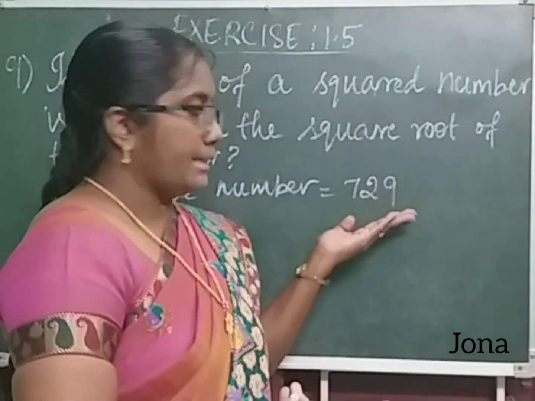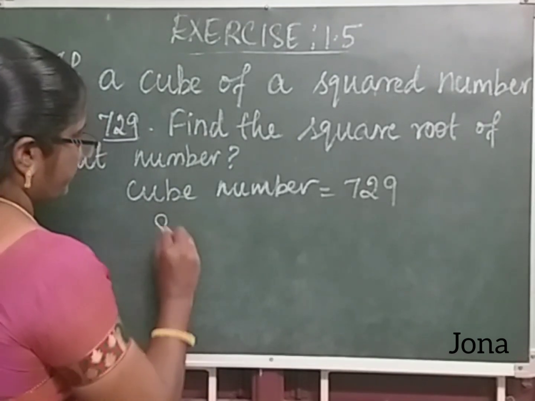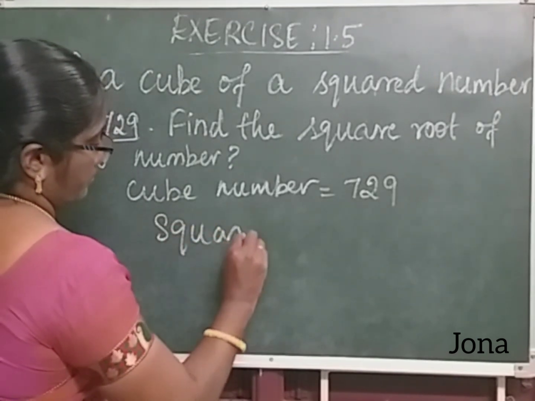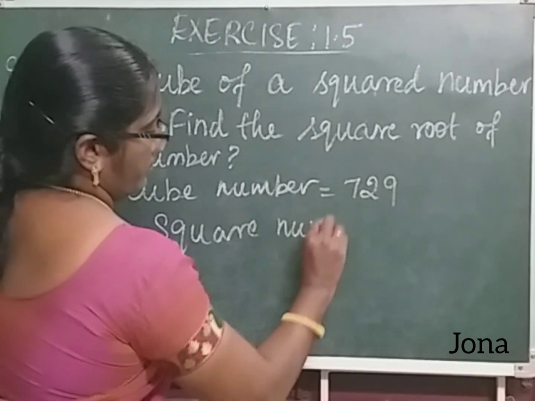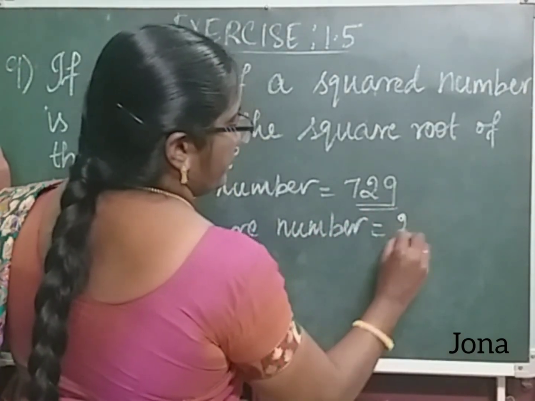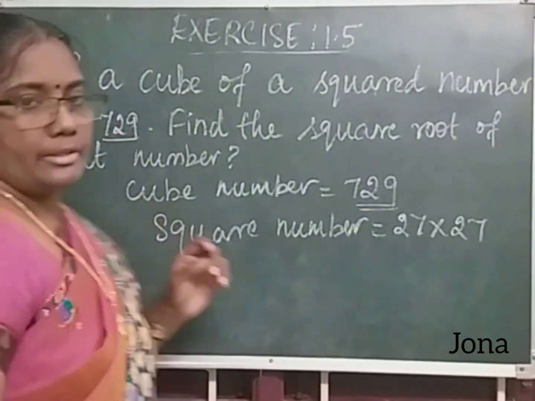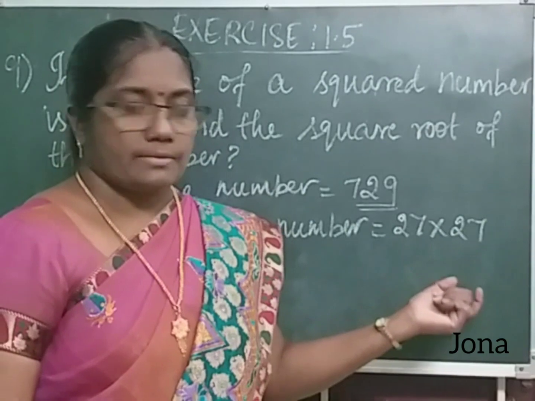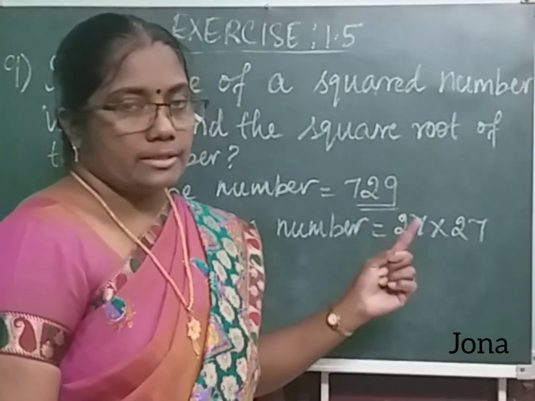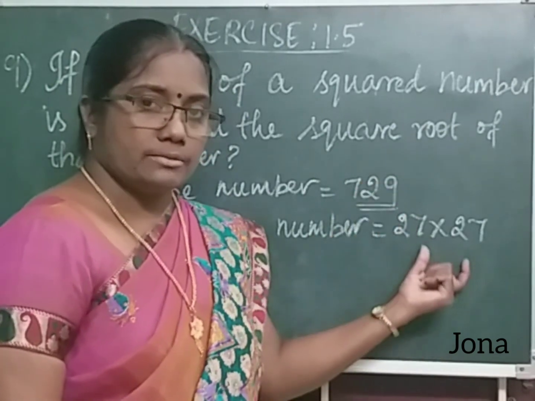So by which number can I multiply here, to get square numbers? This 729 can be written as 27 into 27. If you multiply 27 by 27, you will get 729. So this 729 is equal to 27 into 27.